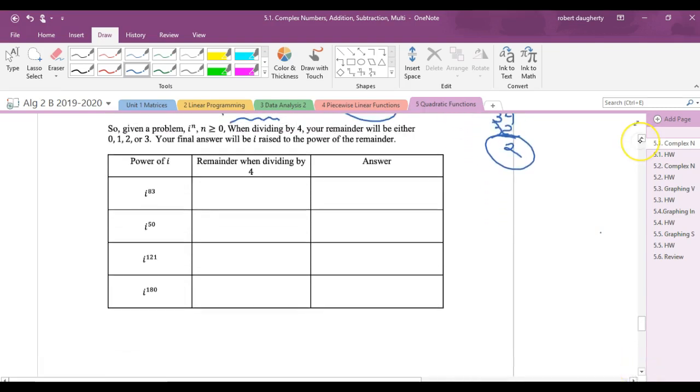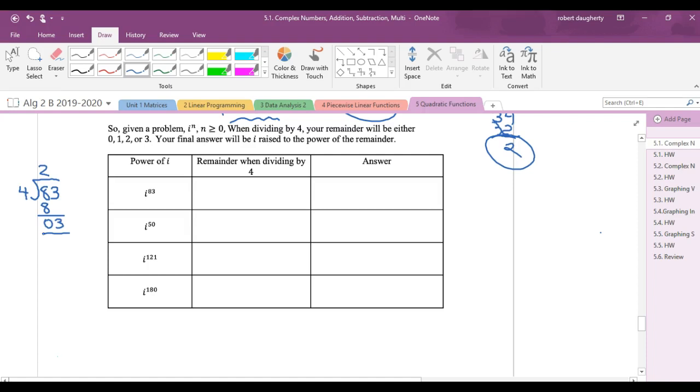So you should be able to divide these things by 4, and whatever your remainder is, that's the power of i this is equivalent to. So 83, what happens when you divide 4 into 83? It goes in there 20 times. That gives me what, 80? And my remainder is what?